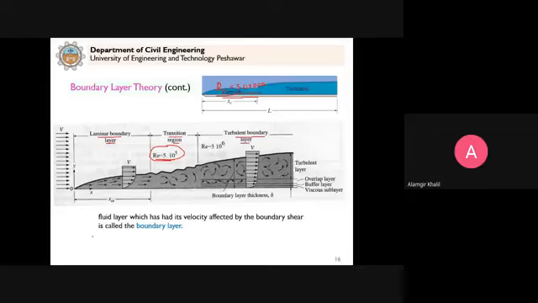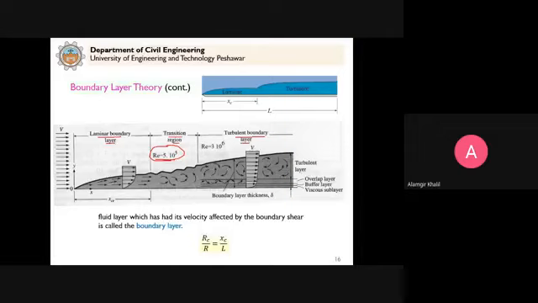So in this case, we can calculate this critical distance at which the boundary layer will change from laminar to turbulent. How can we do it?